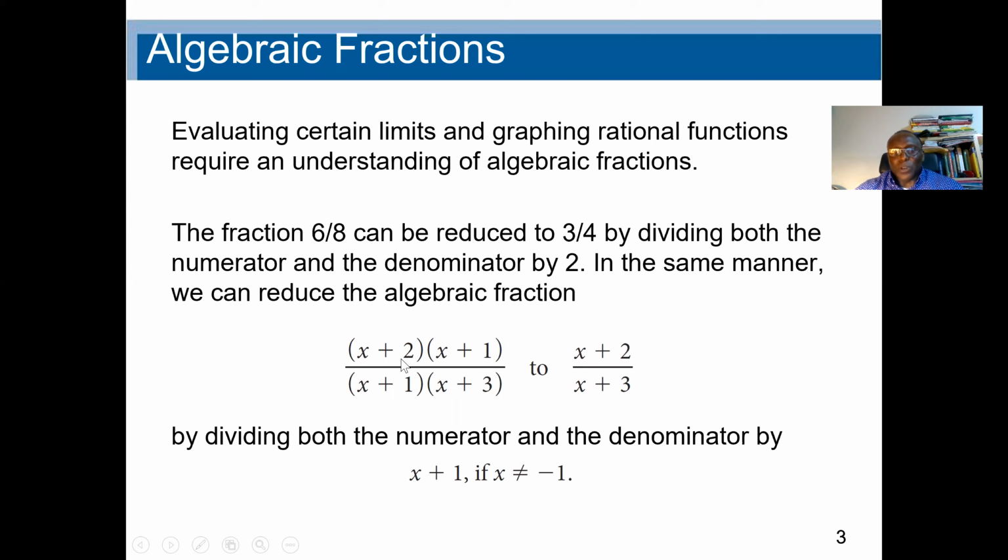Also, if I have (s plus 2) times (s plus 1) divided by (s plus 1) times (s plus 3), I can reduce it to s plus 2 divided by s plus 3, because s plus 1 can cancel each other here. So we get s plus 2 over s plus 3.